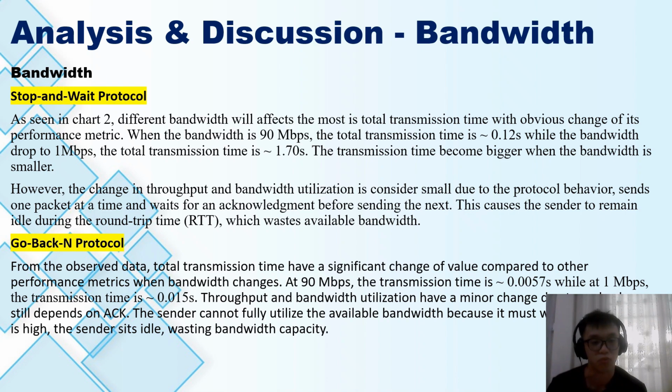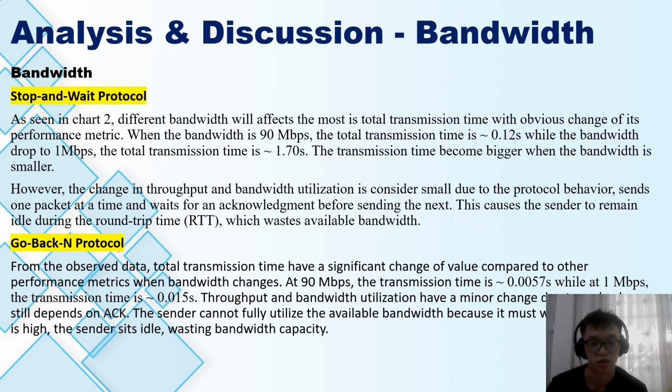As for the go-back-N protocol, from the observed data, total transmission time has a significant change in value compared to other performance metrics as bandwidth changes. At 90 megabytes per second, the transmission time is around 0.0057 seconds, while at 1 megabyte per second, the transmission time is around 0.015 seconds.